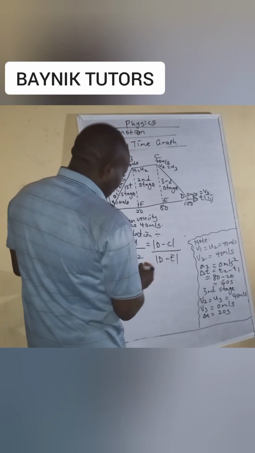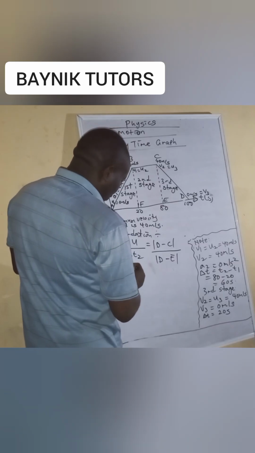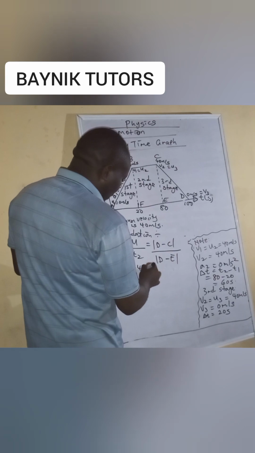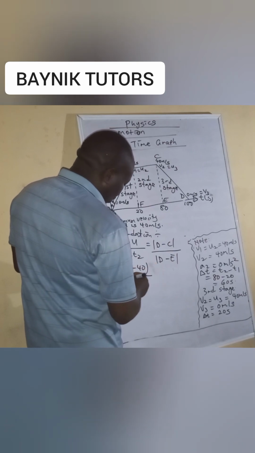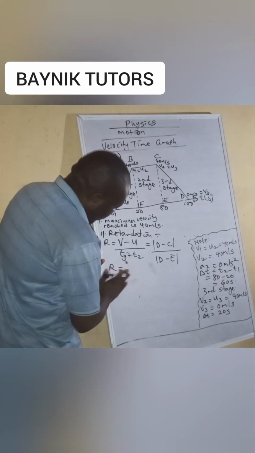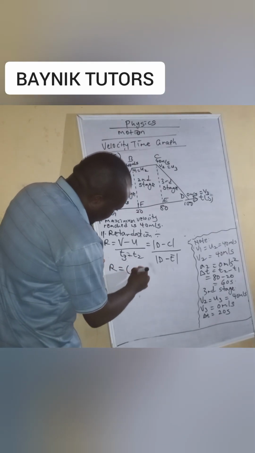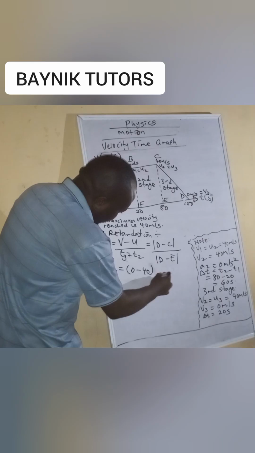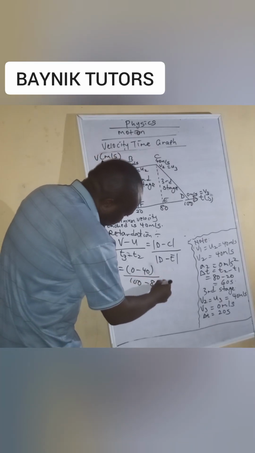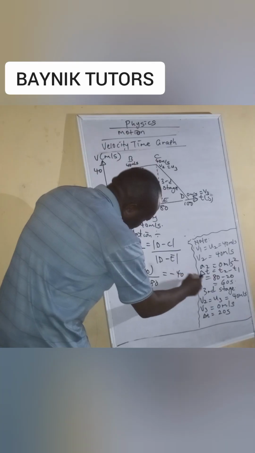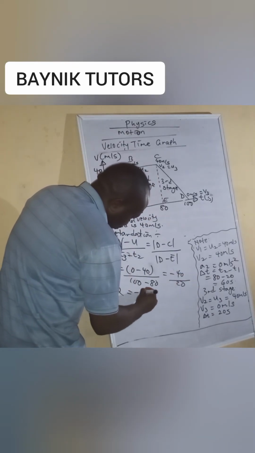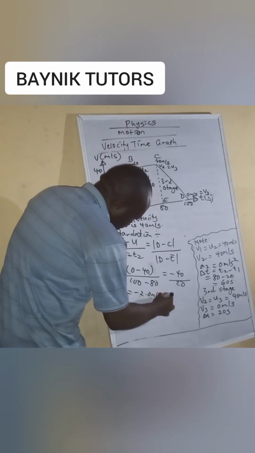So here will now be my retardation: 0 minus 40 over 100 minus 80, and that will be minus 40 over 20. So my a is equal to minus 2.0 meters per second squared.